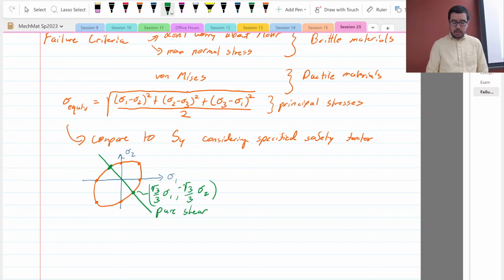If we're looking at pure shear for Tresca, this is max shear stress. Then what we have, I'll just draw it here.